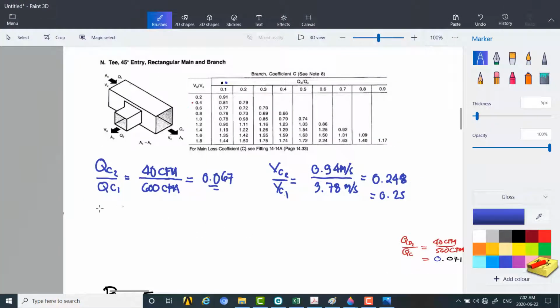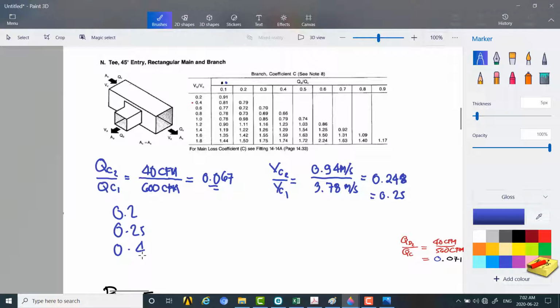So if we're going to do an interpolation, usually you can use the value 0.2, but usually in engineering we base only on the calculation that we have, then that is usually classed as actual.